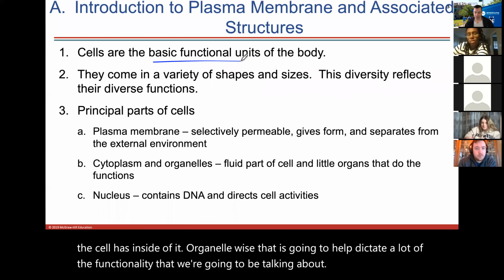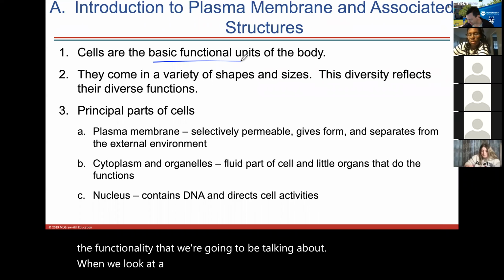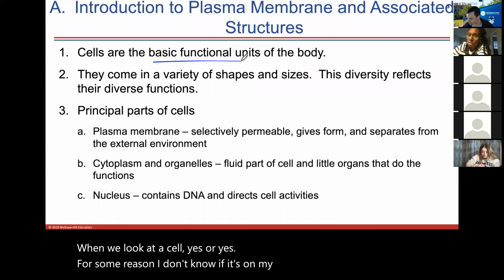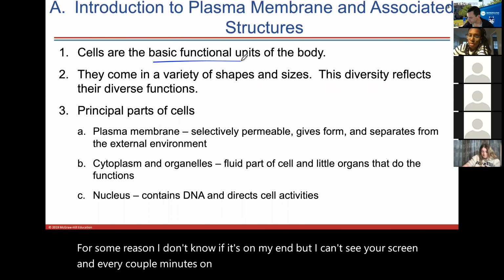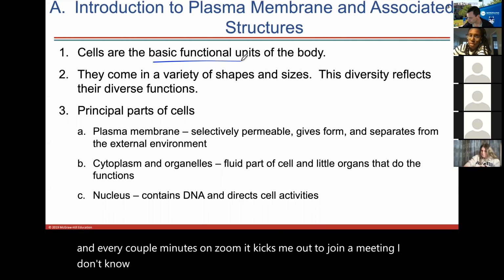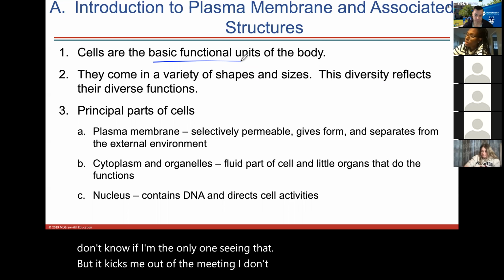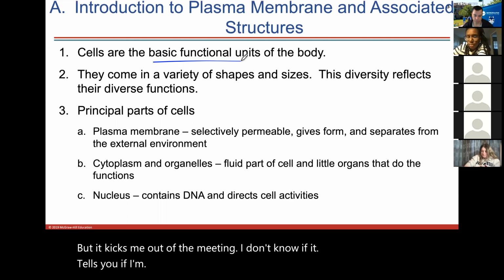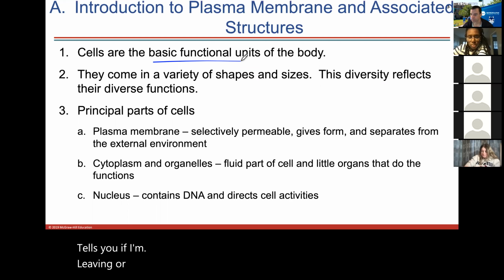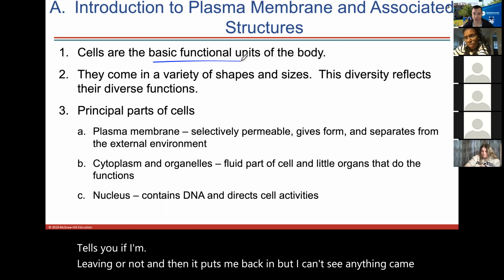When we look at a cell, Dr. Thornley, I'm sorry. Yes. For some reason, I don't know if it's on my end, but I can't see your screen, and every couple minutes on Zoom, it kicks me out to join a meeting. I don't know if I'm the only one seeing that. I can't see anything. Does anybody else have that issue?